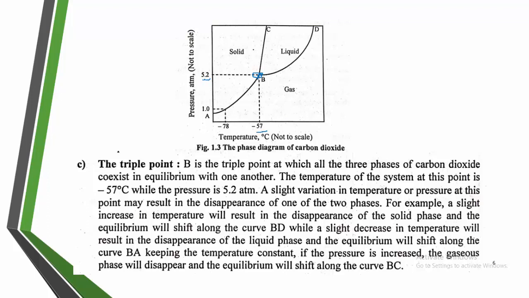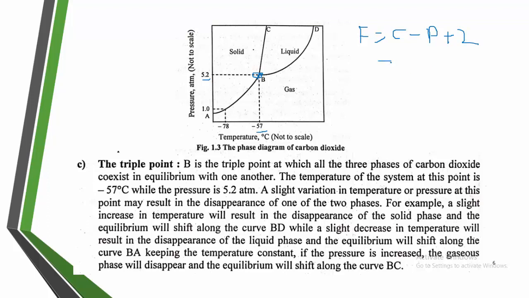At 5.2 atmospheric pressure and minus 57 degrees Celsius, all these states of carbon dioxide, solid, liquid and gaseous, coexist with each other at point B, which is known as the triple point. Here we can calculate the degree of freedom at the triple point. How do we calculate it? The same formula, F equals C minus P plus 2.